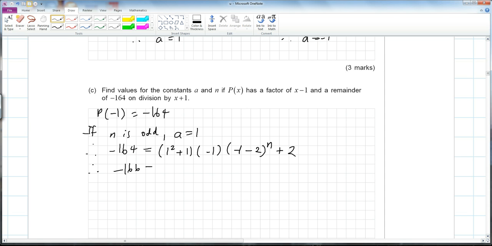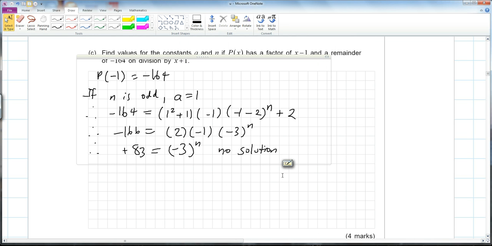That's just taking that 2 over to the other side. Therefore, minus 83 is equal to minus 3 to the n. Sorry, that should be a plus 83. In this case, n is odd, so we end up with 83, a positive number, equal to minus 3 to an odd power, which is not possible, so we'll write down no solution in that case.